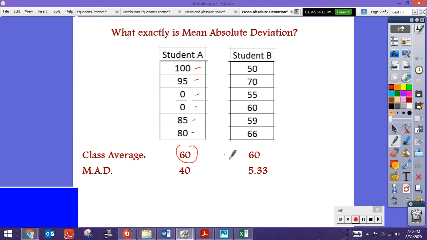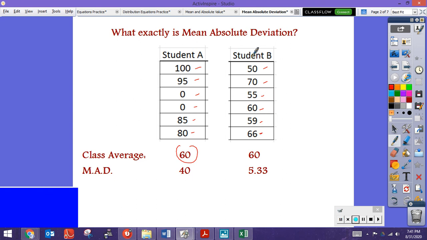It's very low. What that tells me is all of their grades are real close to a 60. You got a 66, a 59, an actual 60, 55, 70, 50. None of their grades are too far away from their average. So the lower the mean absolute deviation number is, the closer the grouping of your data set.